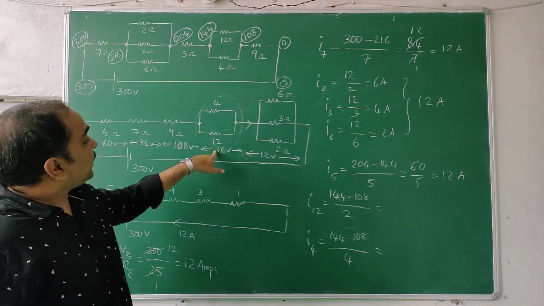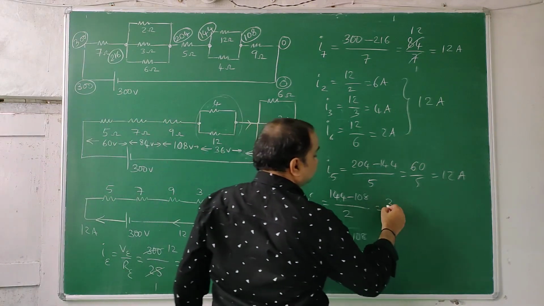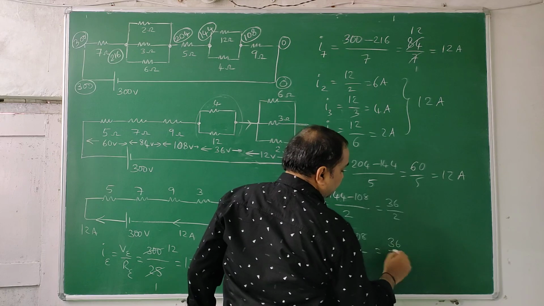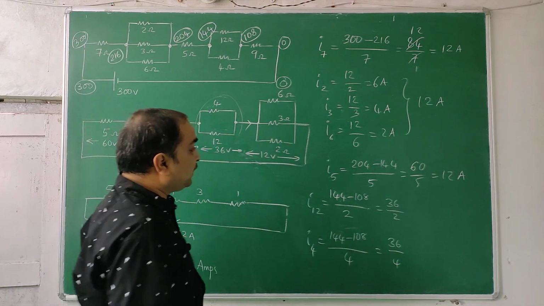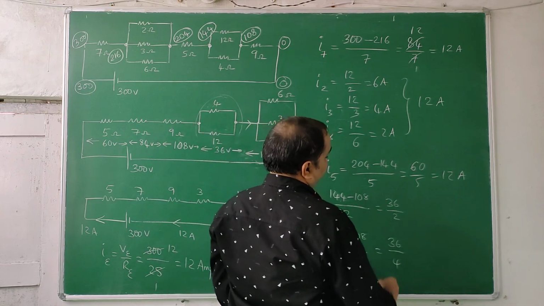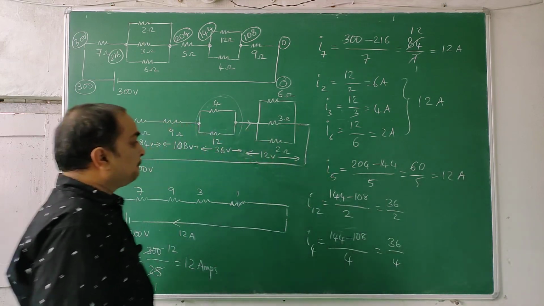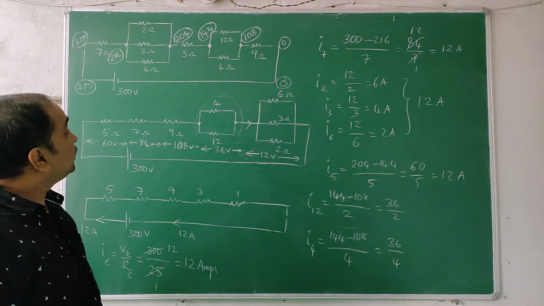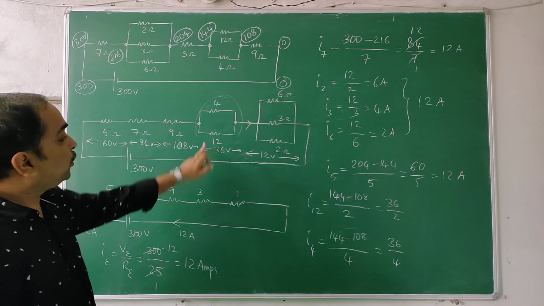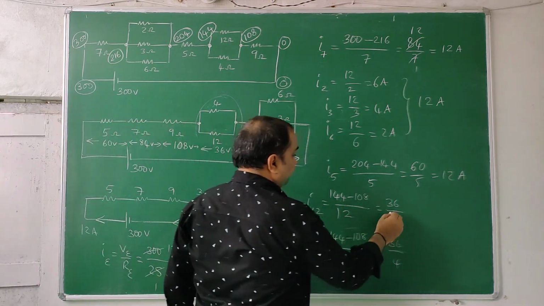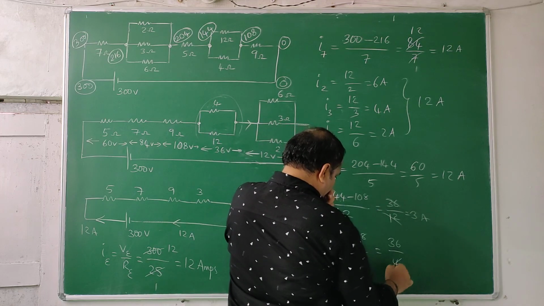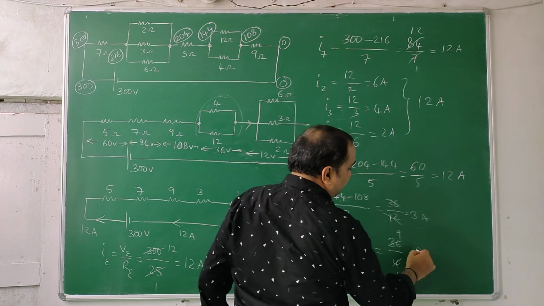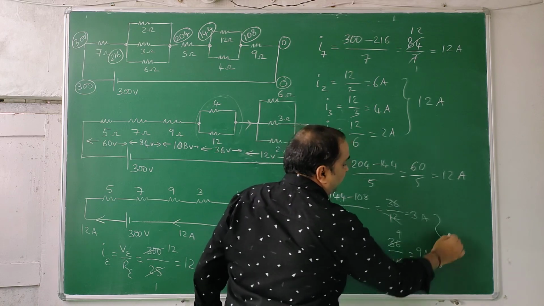We already know it here: 36 by 12, 36 by 4. So what's the current? Something is going wrong, isn't it? 12 ones are 12, 12 threes are 36, so 3 amperes. 4 nines are 36, so 9 amperes, because I wanted this addition to be 12.